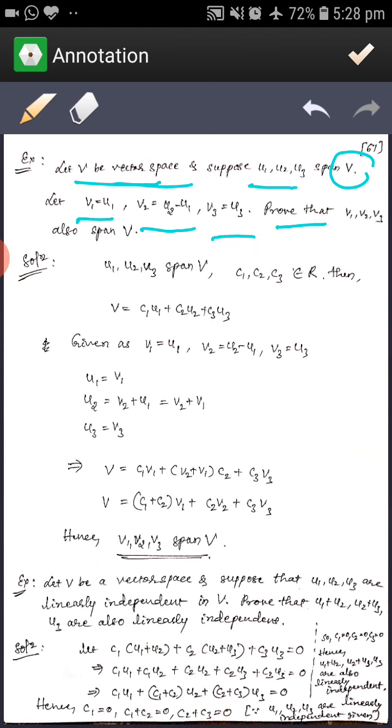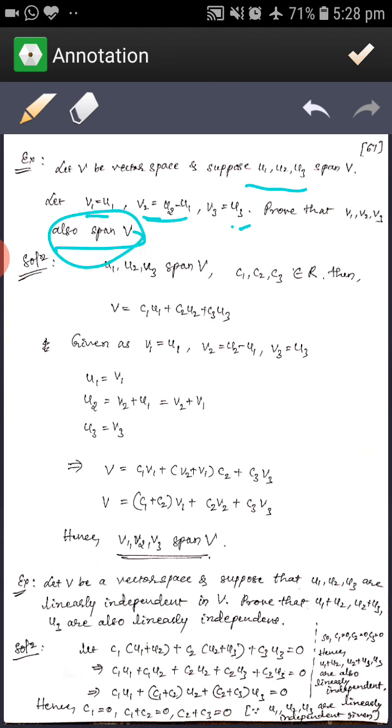Prove that. What he says is u1 u2 u3 span V, but whether the vectors v1 v2 v3 also span V, that we need to prove.